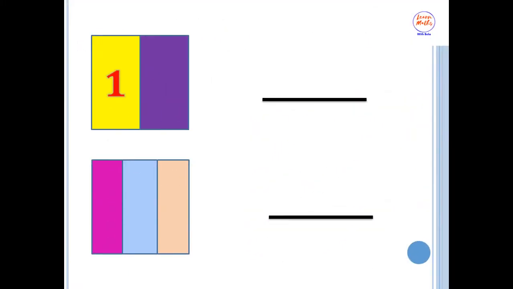So now you can see that I've separated them with 2 colors. We are still counting the number of parts these shapes are divided into. So we have 1, 2. So this is divided into 2 parts. Then we have 1, 2, and 3. So this shape is divided into 3 parts.